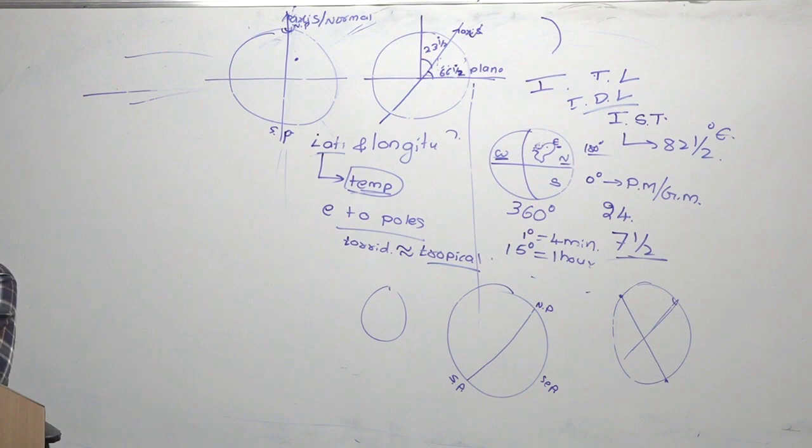The Earth's position while revolving all around the Sun, the orientation of the axis is always the same, at any point of time.